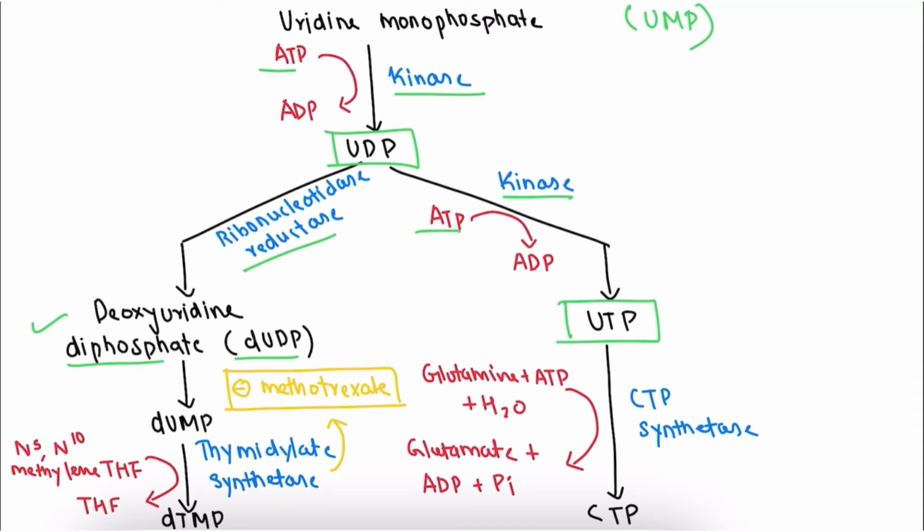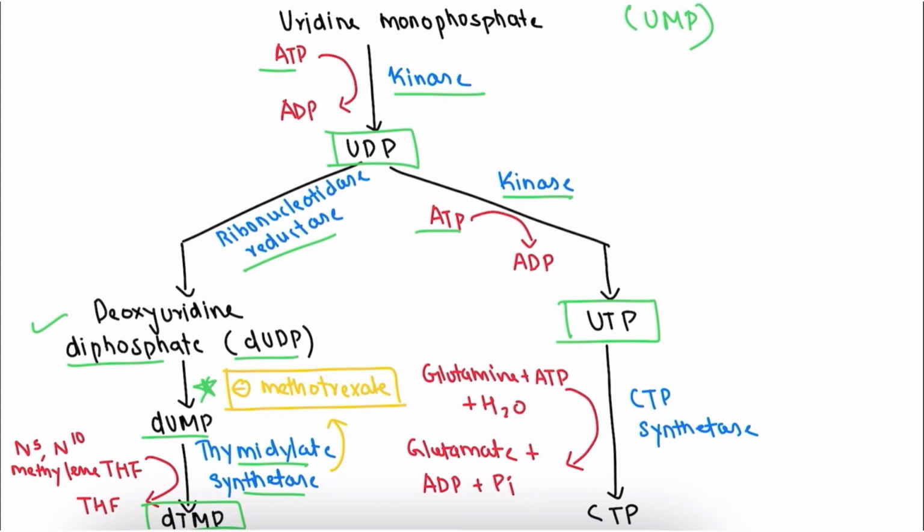This dUDP gets converted into dUMP and further gets converted into dTMP, that is our final product, deoxythymidine monophosphate, in presence of an important enzyme thymidylate synthetase, which is inhibited by a drug, methotrexate.